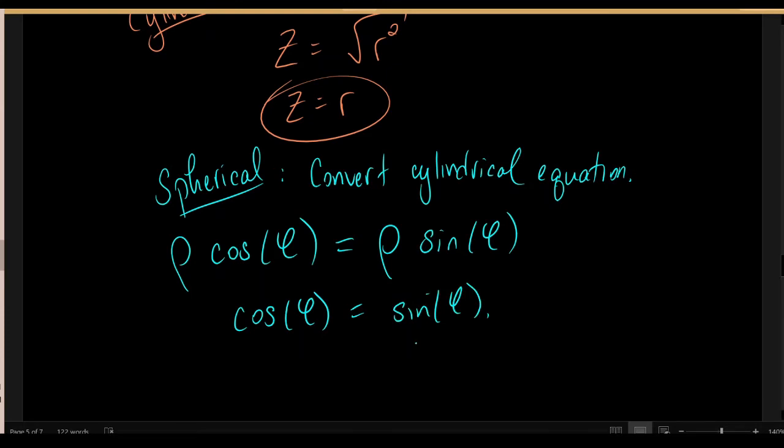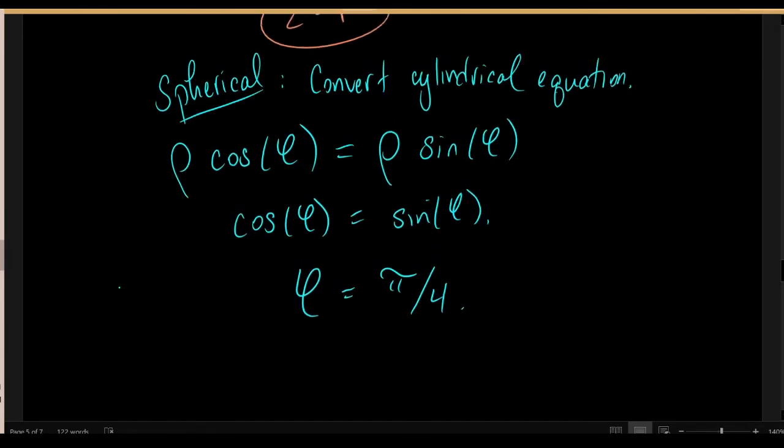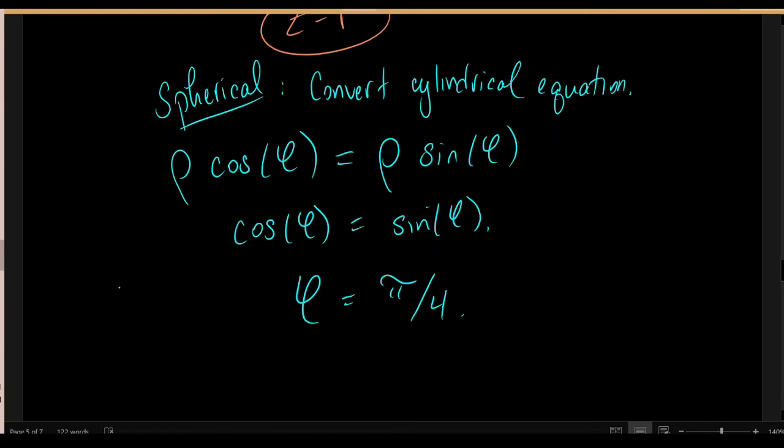And for phi between 0 and 180 degrees, this only occurs at one value of phi. These two quantities match when phi is equal to 45 degrees, or pi over 4 radians. So that's the constant, and therefore the equation of this cone in spherical coordinates is phi equals pi over 4.